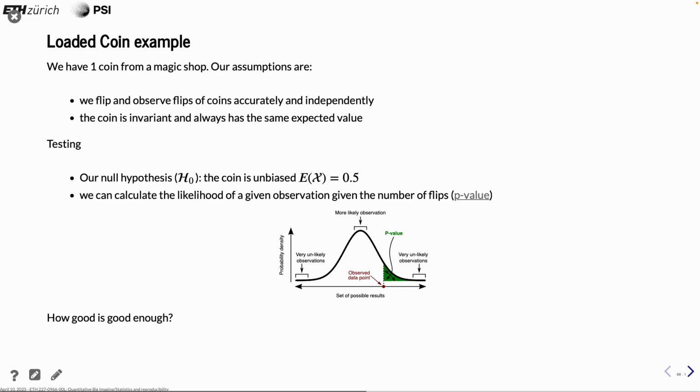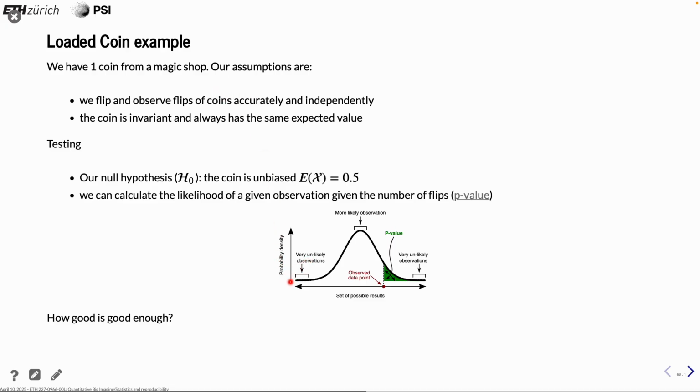And now coming back to our coin example, we want to do this hypothesis testing, and our null hypothesis is that the coin is unbiased. That means we have an average value of 0.5. And now we want to see how many times we need to flip the coin in order to get this probability.